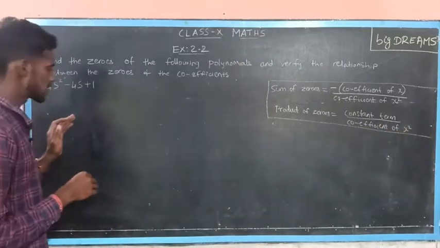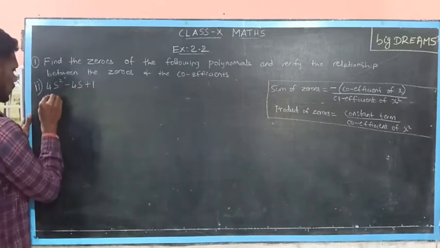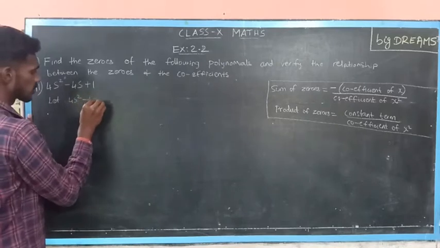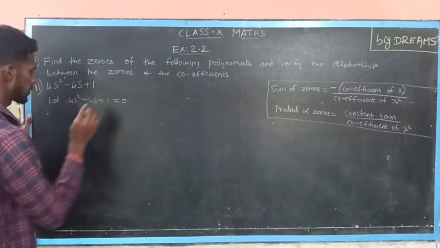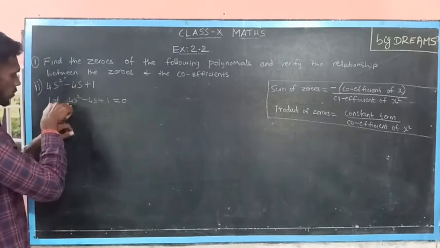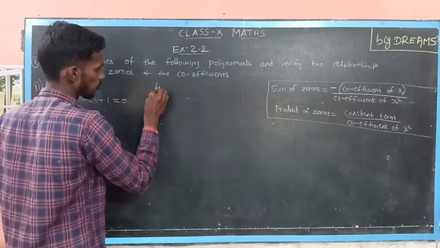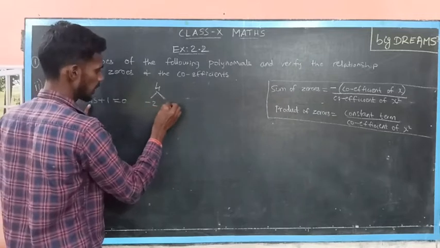Then the second subdivision, 4s square minus 4s plus 1. Let us substitute the value of the polynomial to be 0. Then, using the splitting the middle term method, I have to find the factors for 4 into 1, which is 4. So, 4 can be split as minus 2 into minus 2.